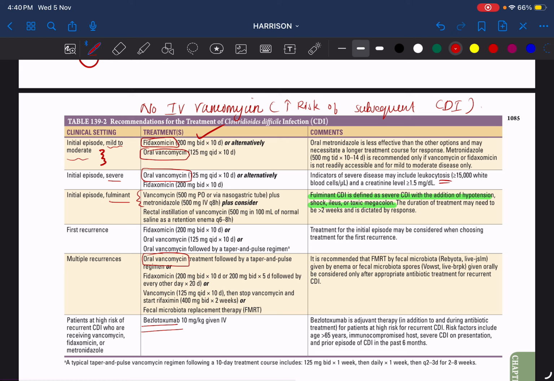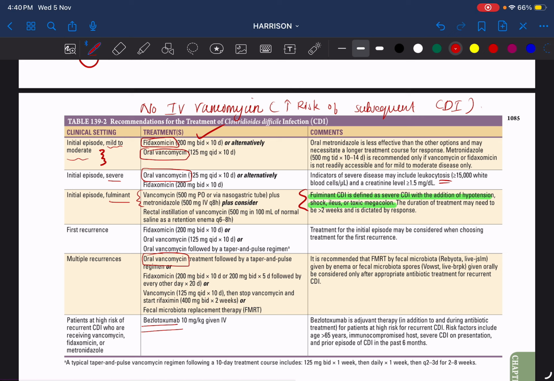So the drug of choice for a mild to moderate initial episode is fidaxomicin. For a severe initial episode, it is oral vancomycin first. If fulminant, it is oral vancomycin combined with IV metronidazole. Remember, there is no role of IV vancomycin. What is fulminant CDI? Severe CDI, that is leukocytosis and raised creatinine, with hypotension, shock, ileus or toxic megacolon.